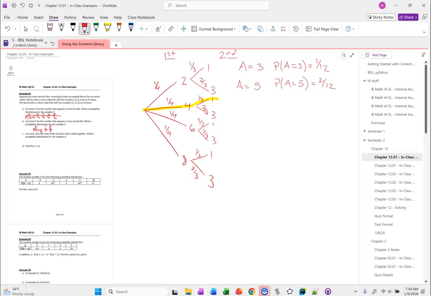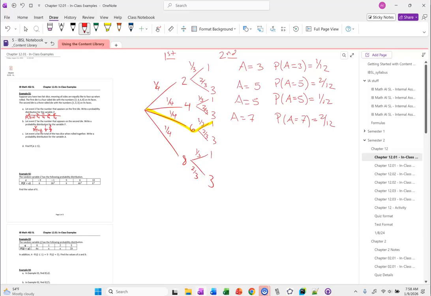That's a 5 also, and the probability there is 1/12. Next path. That's a 7, and the probability there is 1/12. This one, right? The one there.